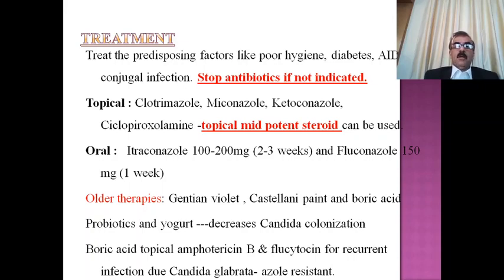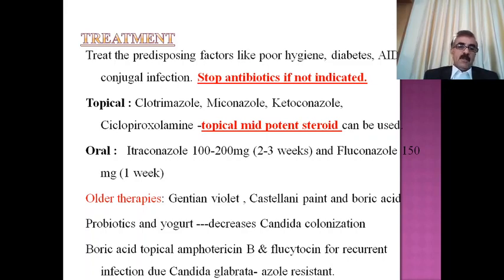They should avoid hyperhidrosis, and if they are diabetic, they should control their diabetes. If they do wet work, they should dry their hands and feet after their work, so skin should be dry. And if the patient is immunocompromised, they should take proper treatment, or if antibiotics are taken unnecessarily or are not indicated, then they should be stopped so that the candidal infection can be controlled.